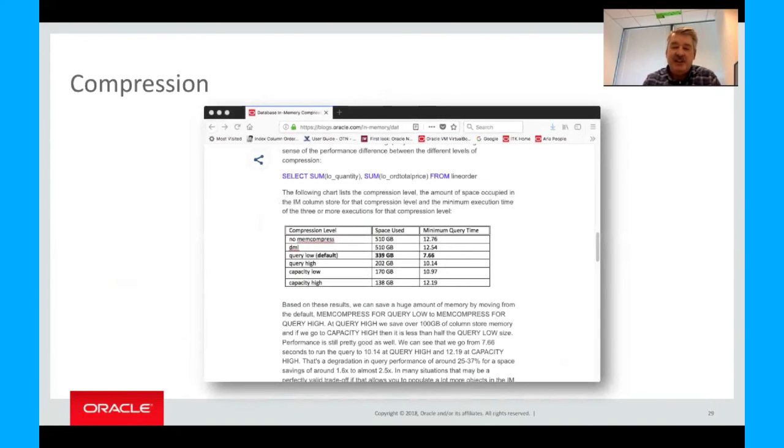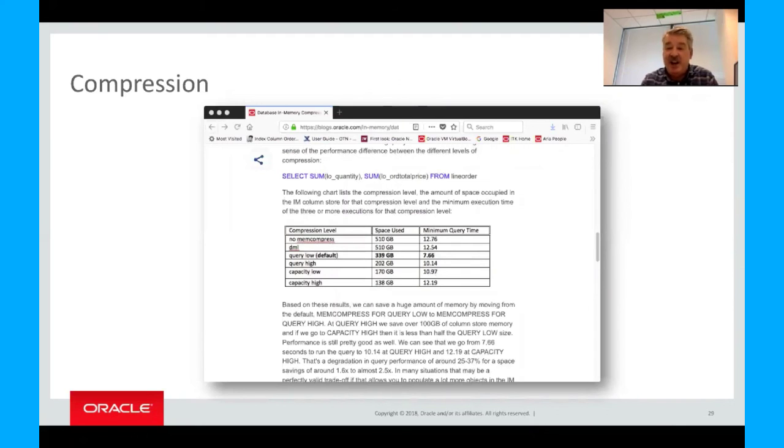Especially in data warehousing, very often MEMCOMPRESS FOR QUERY HIGH will give you better performance and significantly better compression than the default MEMCOMPRESS FOR QUERY LOW. But it depends, because we have customers who say no, QUERY HIGH doesn't work for us, it's slower, and we don't get enough compression benefit for the trade-off. So the answer to your question is, yes, try both of them, see which one benefits you, and it may be data dependent.